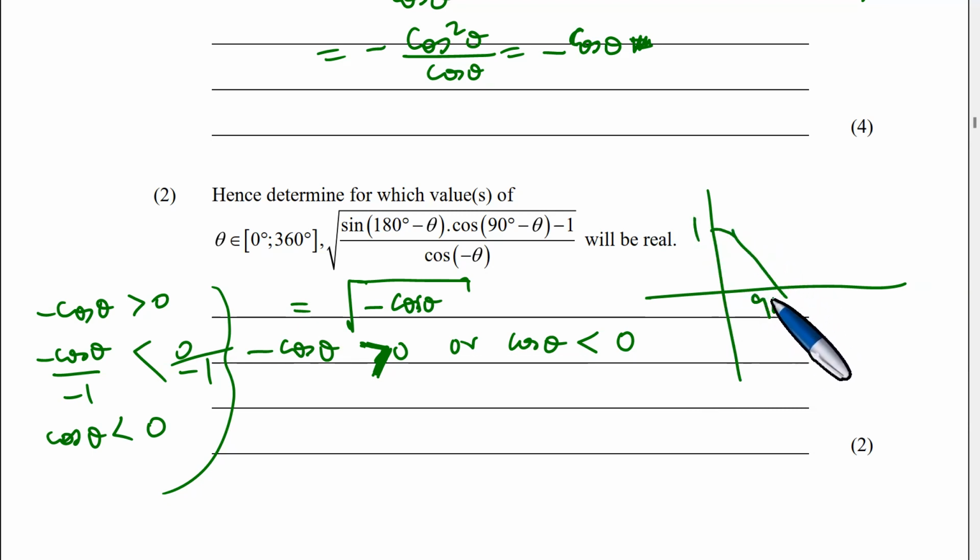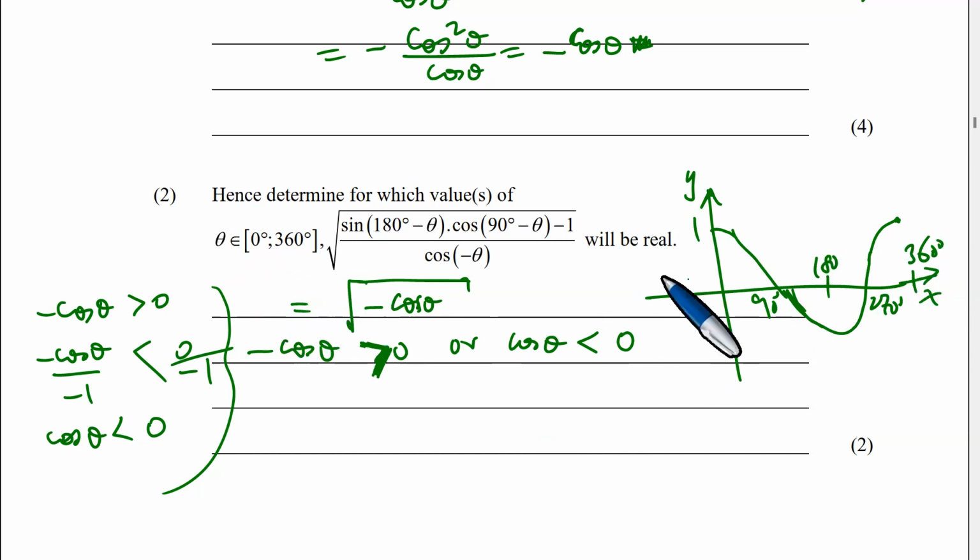At 90 degrees, it is 0. Then 180, 270, and then 360.